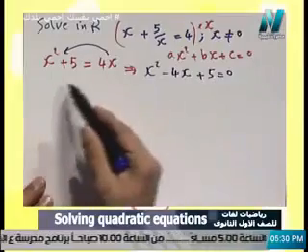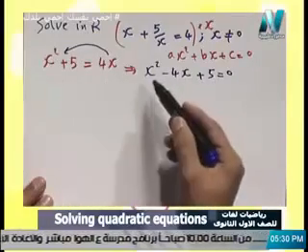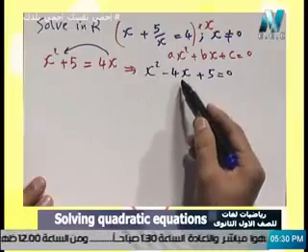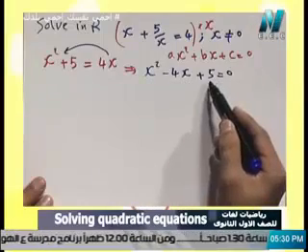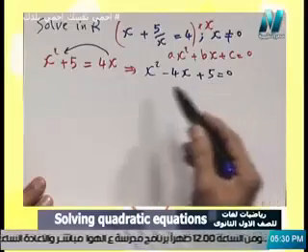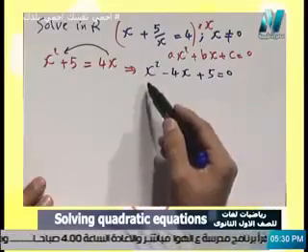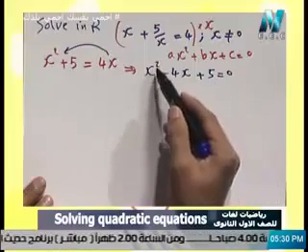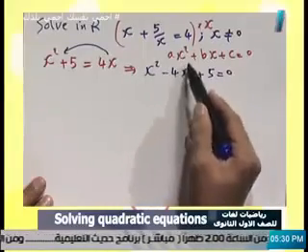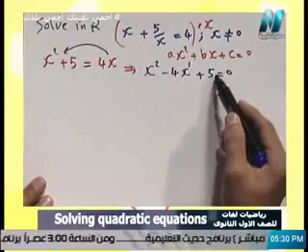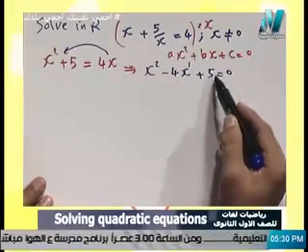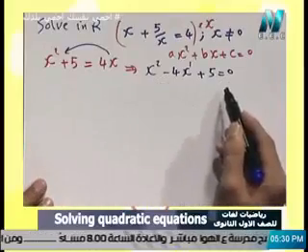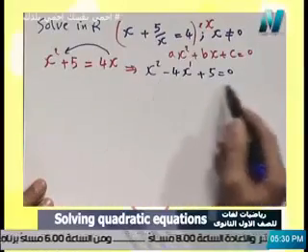We rearranged here the equation to be x power 2 first, which is second degree, and x, which is first degree, and 5, which is of 0 degree. So we rearranged it descendingly according to the power of x. Here x power 2, and here x power 1, and here x power 0, which is 1. 1 multiplied by 5, it's 5 itself. So we have a very simple quadratic equation here.